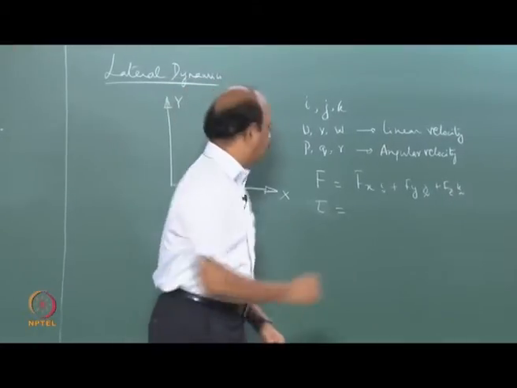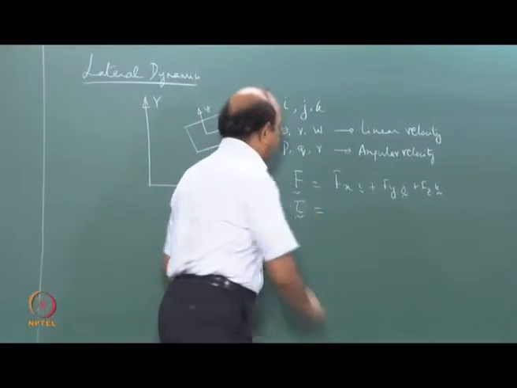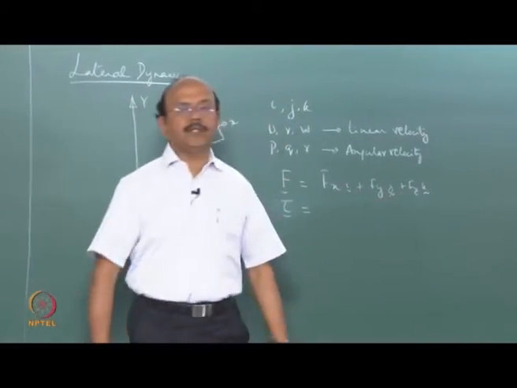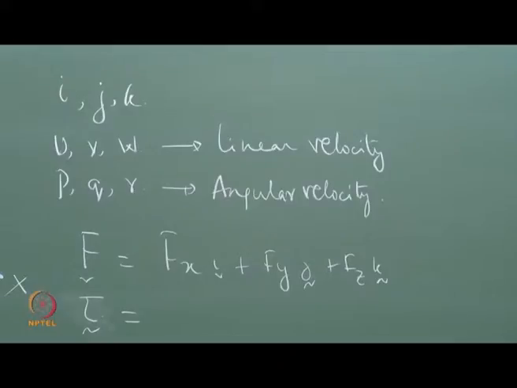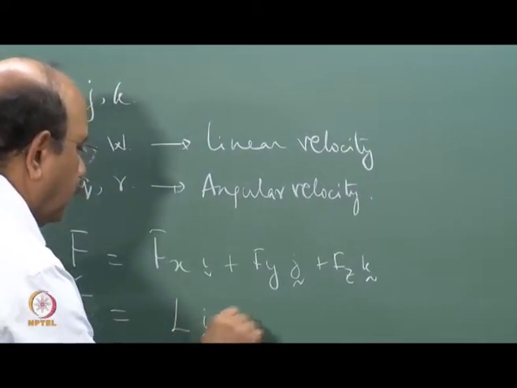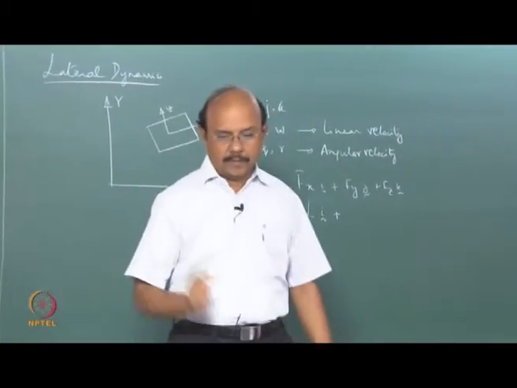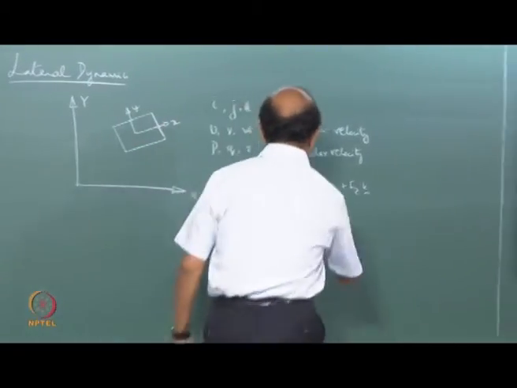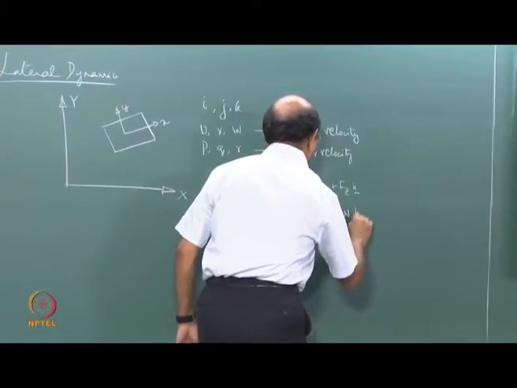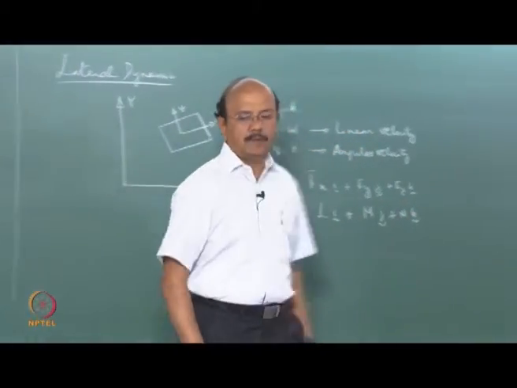The moment that is acting, when they are all vector quantities, I am putting a squiggle at the bottom to indicate that they are vector quantities. So let me call that as L i plus M j plus N k.